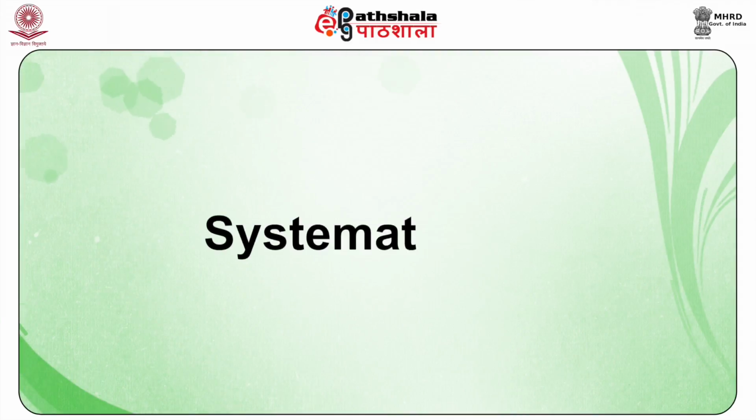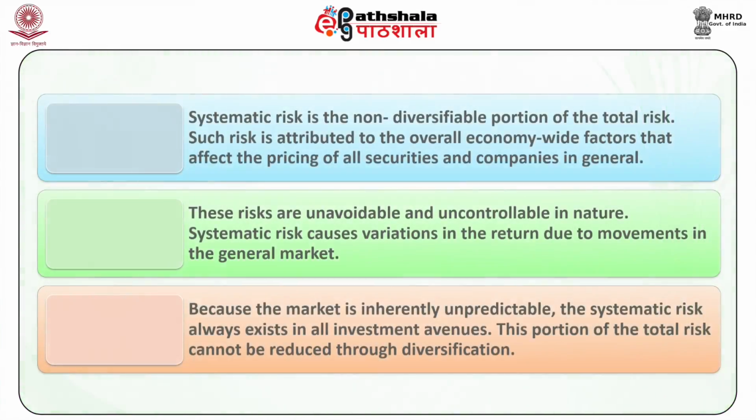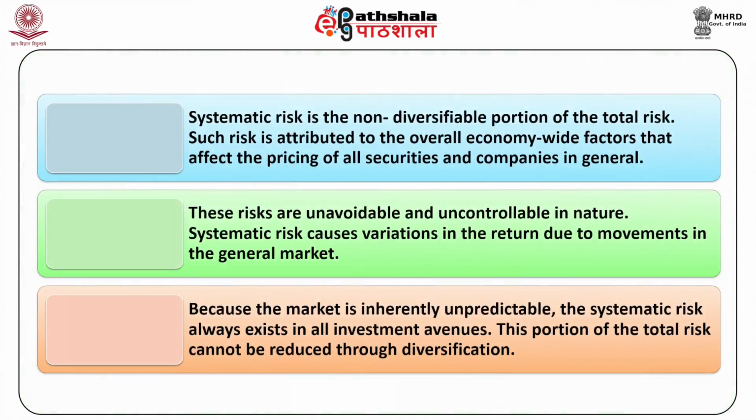Now we are starting with the systematic risk. Systematic risk is the non-diversifiable portion of the total risk. Such risk is attributed to the overall economy-wide factors that affect the pricing of all securities and companies in general. These risks are unavoidable and uncontrollable in nature.